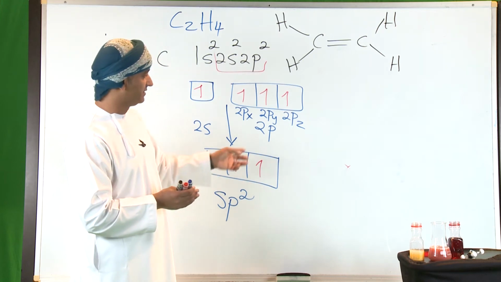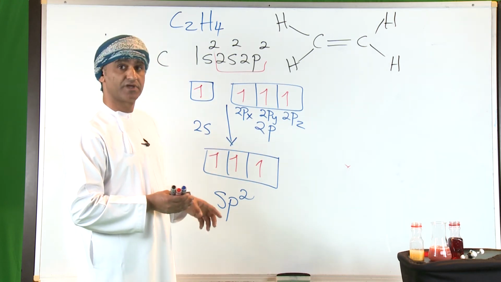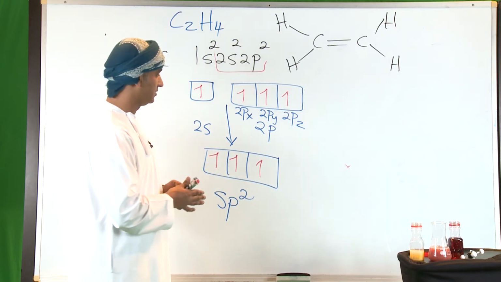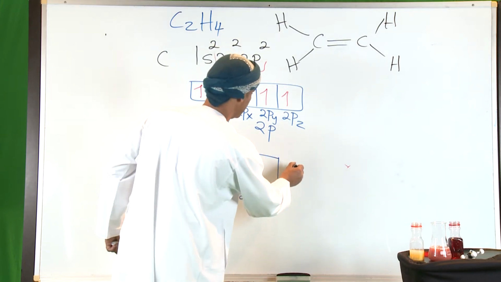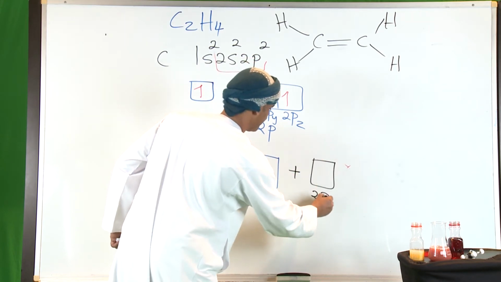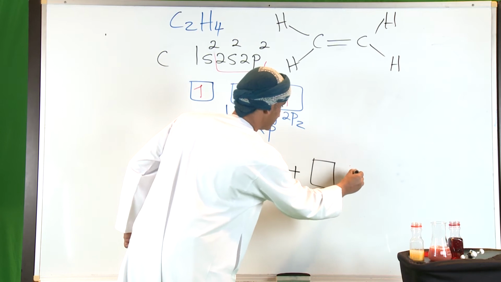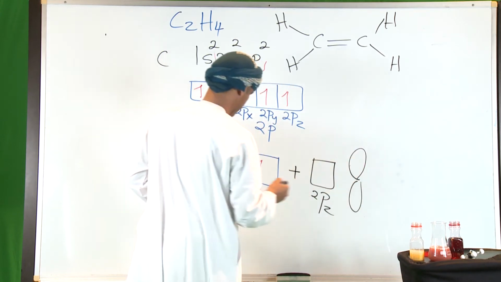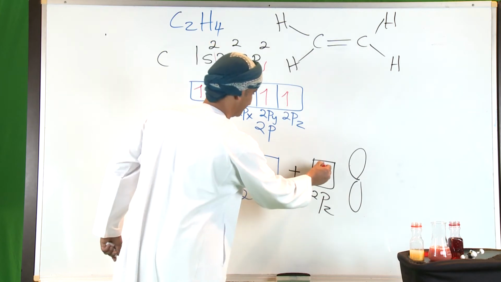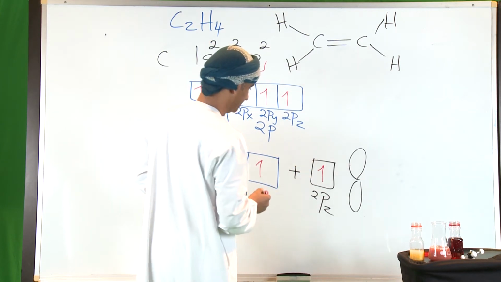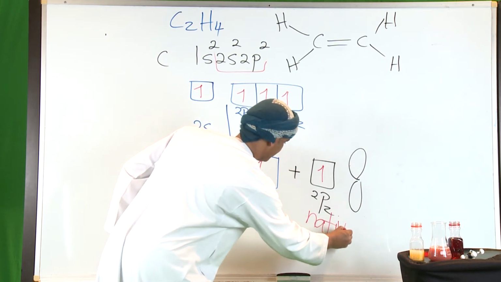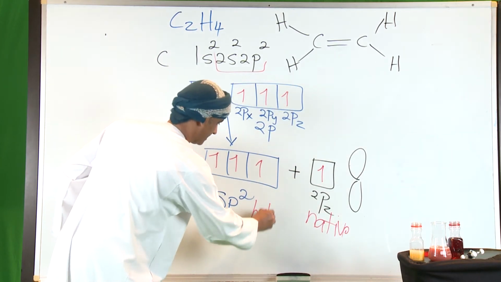If you look carefully, the 2pz in the carbon atom was left unmixed, or unhybridized. So it is a native p orbital, the 2pz, which is native in characteristics, including shape and energy. We can describe it as native, whereas these ones are hybrid.